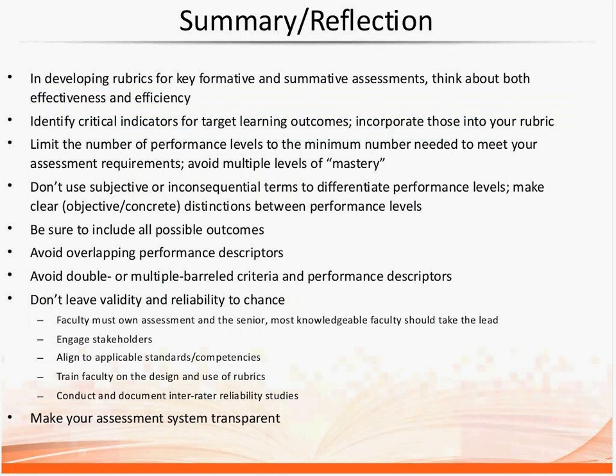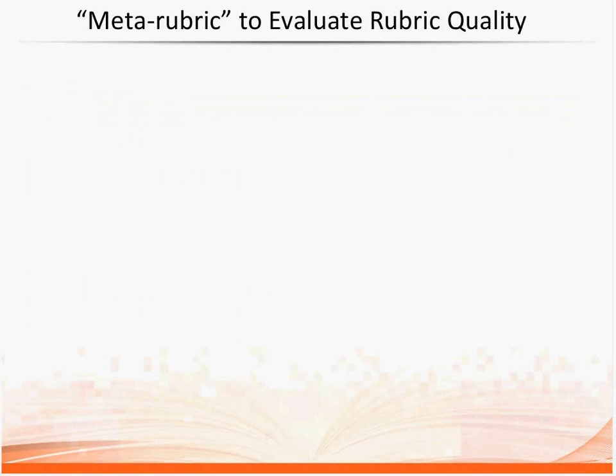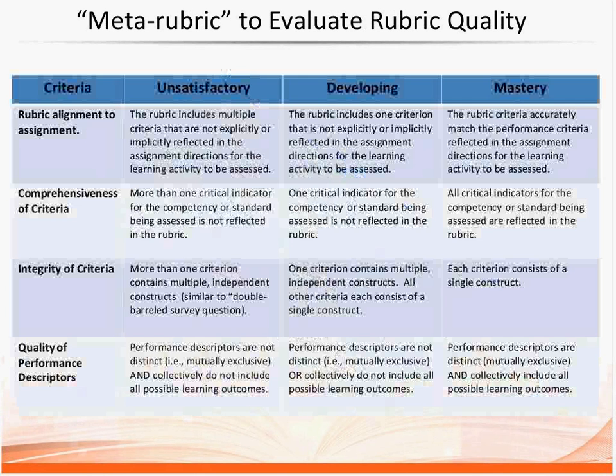So let's go back and look again at that meta rubric, and we can look at the example that is built into that rubric. If you look at the last element here, quality of performance descriptors, and you read across the 3 performance level descriptors there, you'll note that they meet all of the criteria, but the second column, the developing column, does have 2 barrels.